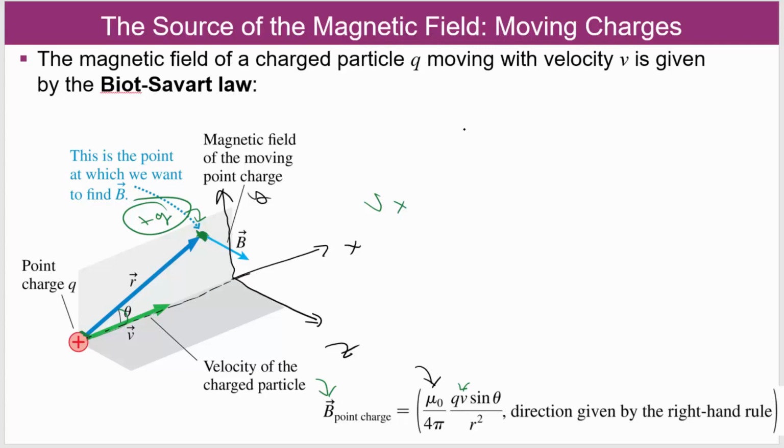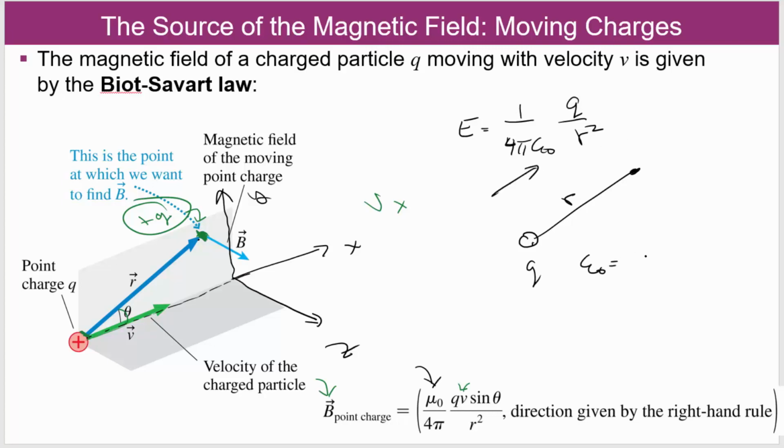And just for comparison, when we look at the electric field from Gauss's law, we have the electric field is 1 over 4 pi epsilon sub 0 times q over r squared for a point particle. If we have plus q here, as I mentioned, we're looking for the electric field at this point r away. At that point, the electric field is 1 over 4 pi epsilon sub 0.